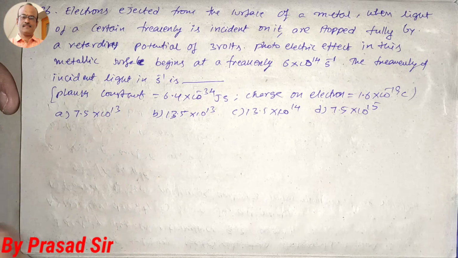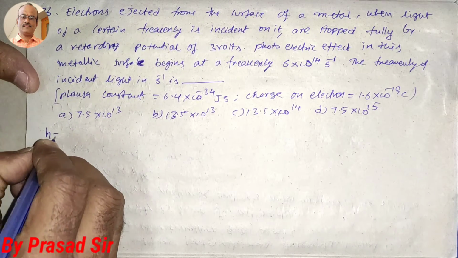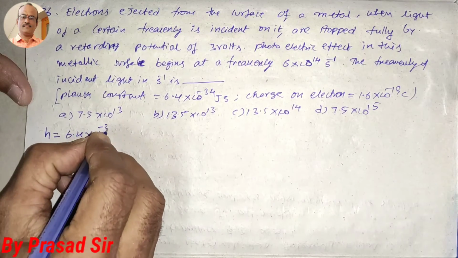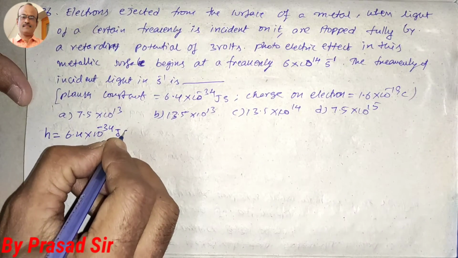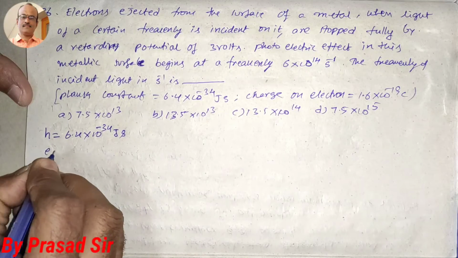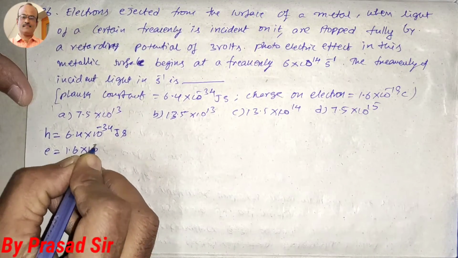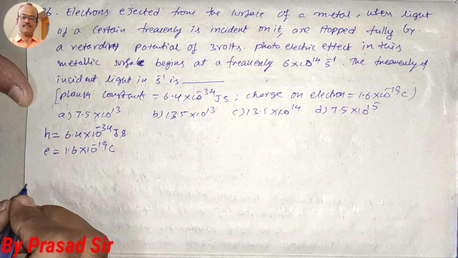So first of all, what are the given values? Planck's constant h is equal to 6.4 into 10 to the power of minus 34 joule second, and charge on electron e is equal to 1.6 into 10 to the power of minus 19 coulombs.